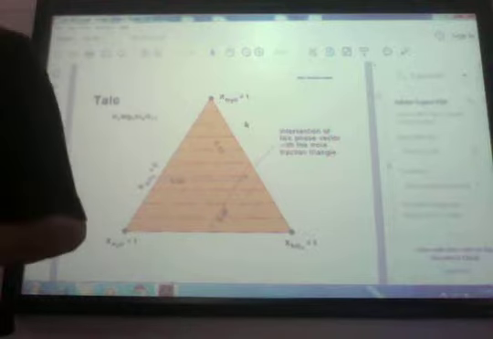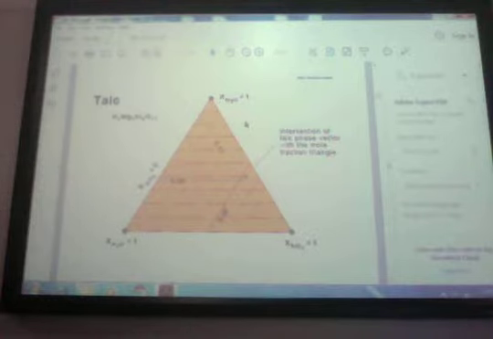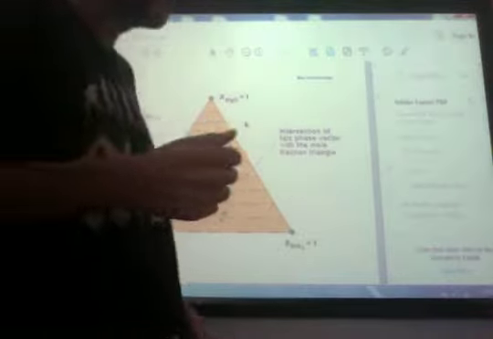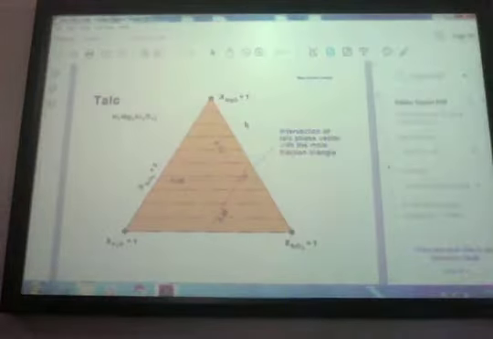Because if the triangles or the points which you are plotting in such a triangle are wrong, then later on all the reactions resulting from this are also wrong. And then the whole study is wrong.